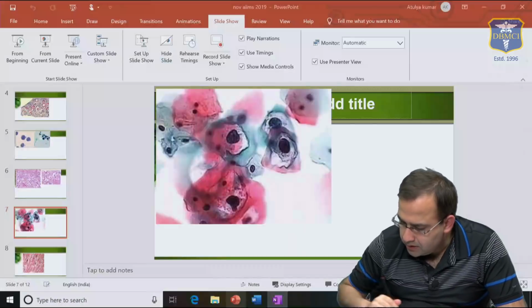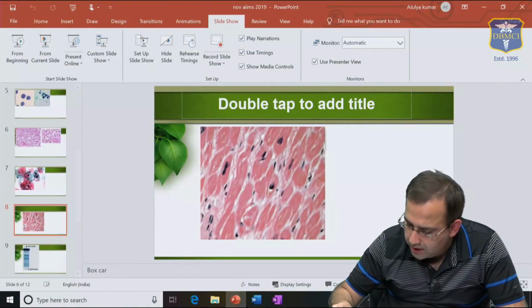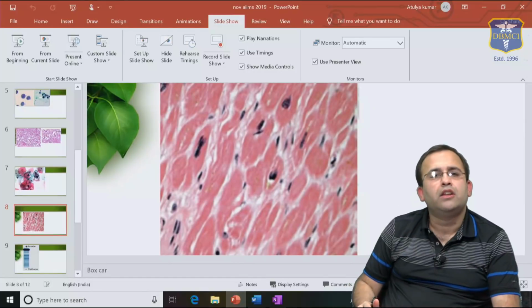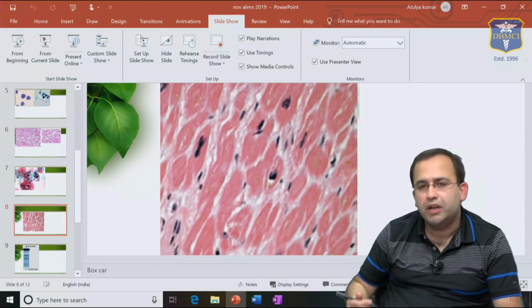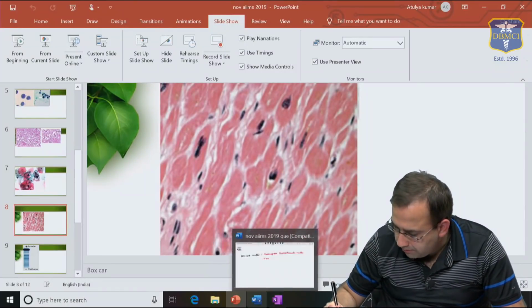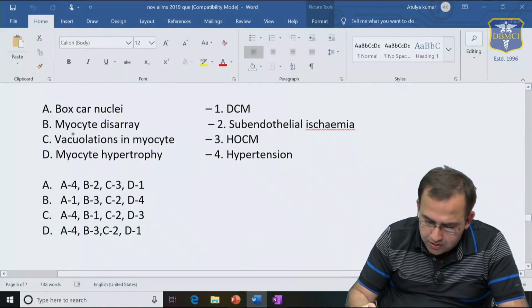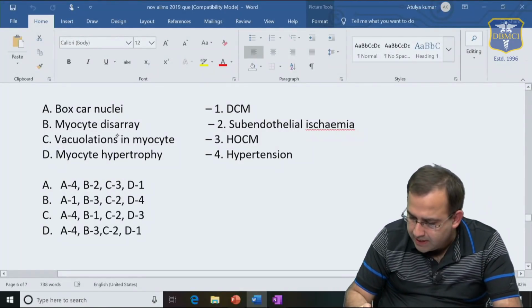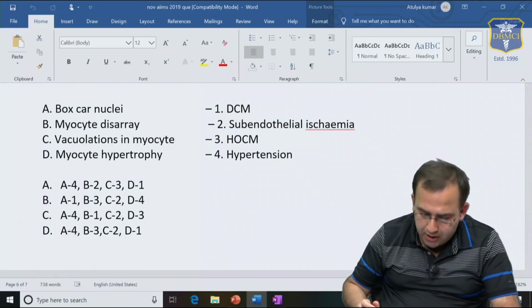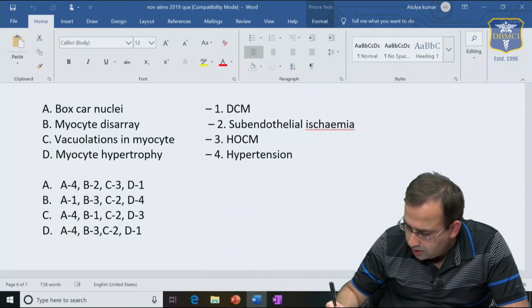And this is what they look like microscopically. They are the boxcar rectangular hyperchromatic nuclei, hypertension. Next, the next option is myocyte disarray, which is seen in HOCM, hypertrophic cardiomyopathy.